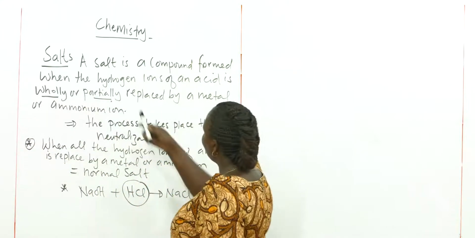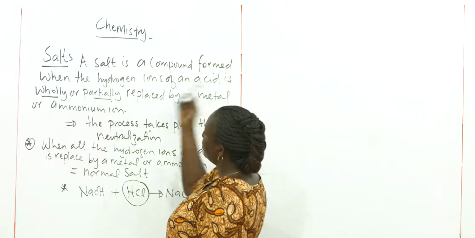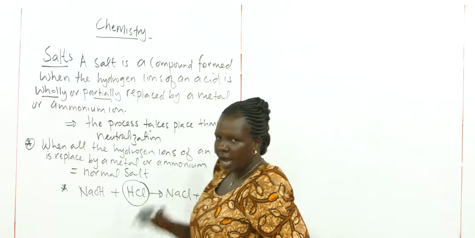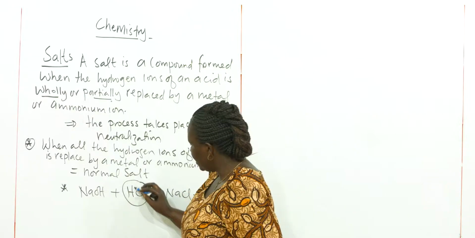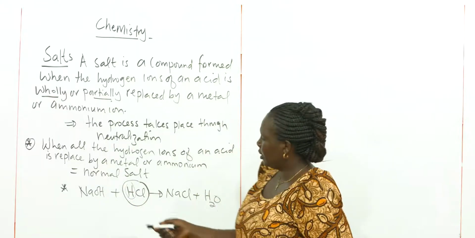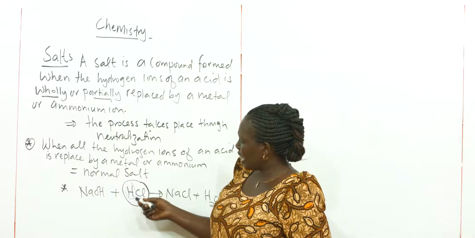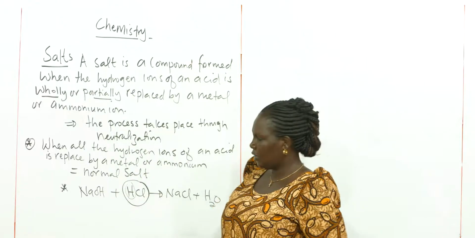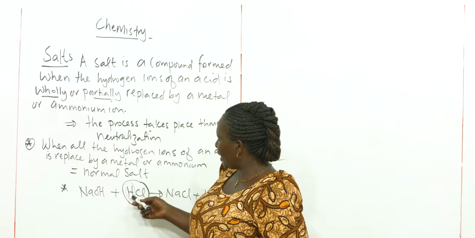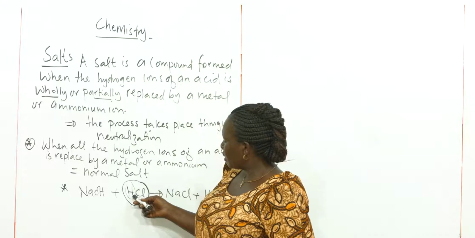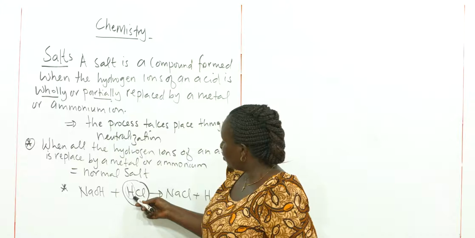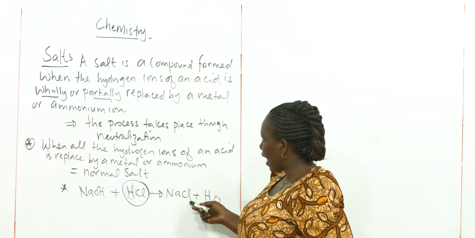And we said when hydrogen ions of an acid are wholly or partially replaced. So the hydrogen ion that is going to be replaced is this one. Hydrochloric acid has only one hydrogen atom. Therefore, sodium will replace this one hydrogen atom and takes its place to give us sodium chloride.